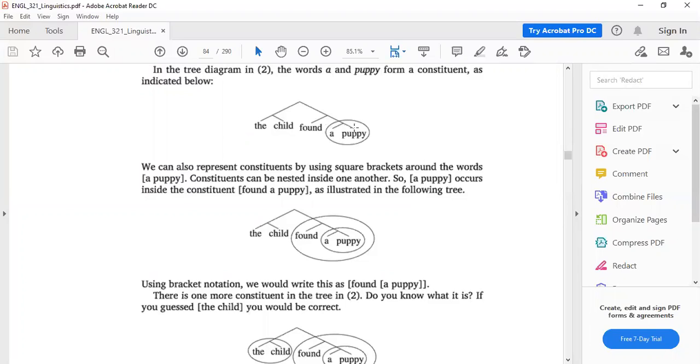So now, a puppy is a constituent. What about found a puppy? If we ask the question, what did the child do? The answer: found a puppy. The predicate is a constituent in this case.